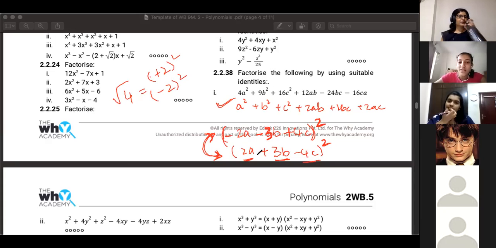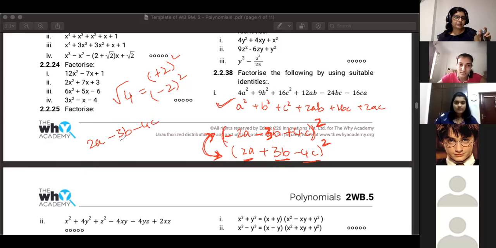Yeah. Ma'am, I got the same answer, but my signs are different. It's positive 2a minus 3b minus 4c. So is it also correct? Now that is wrong, because you said positive 2a minus 3b minus 4c, right? If I multiply 3b and 4c, overall I should get positive.